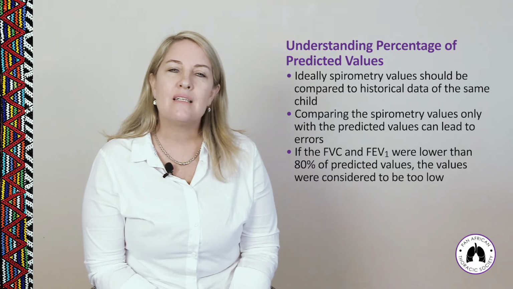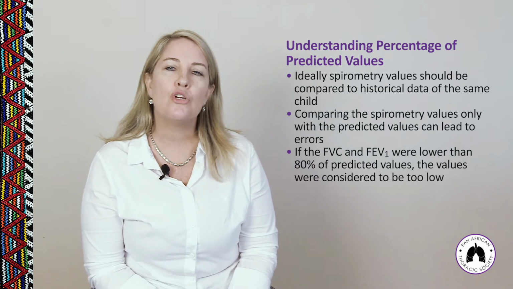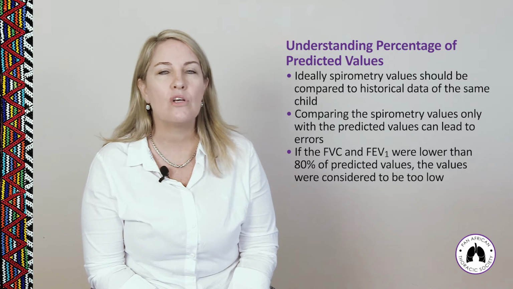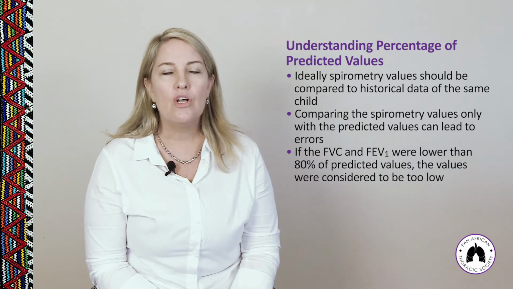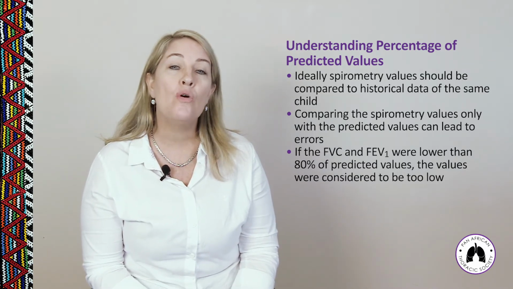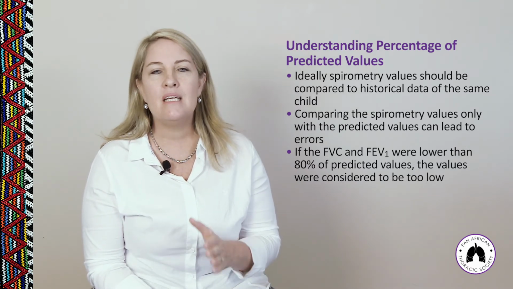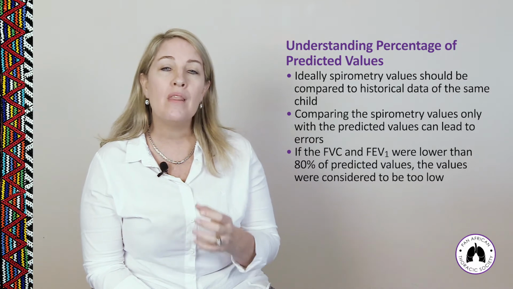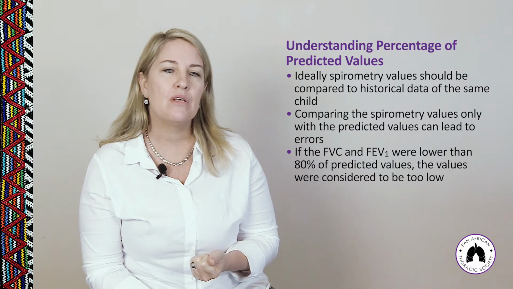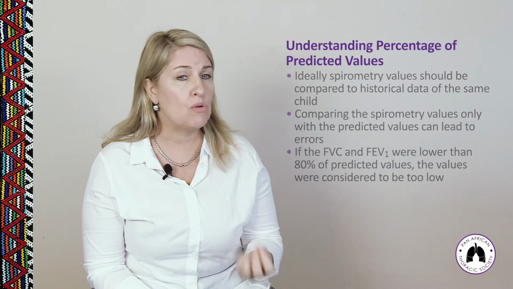So in the ideal situation, spirometry values should be compared to the historical data of the same child. Comparing the spirometry values only with the predicted values can lead to errors. If the FEC and FEV1 were lower than 80% of predicted values, the values were considered to be too low.